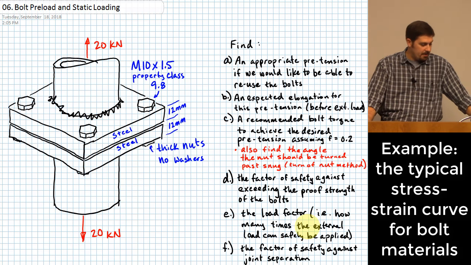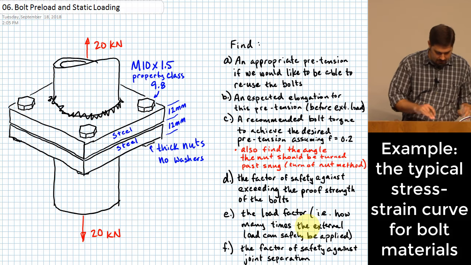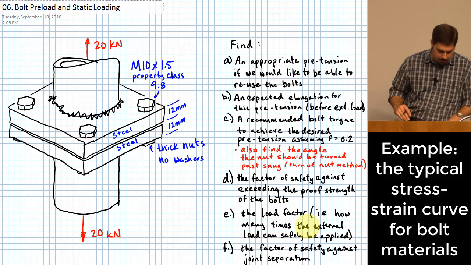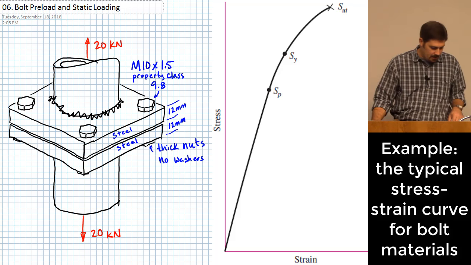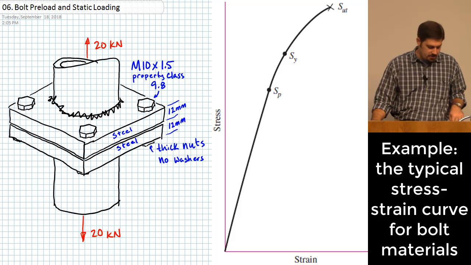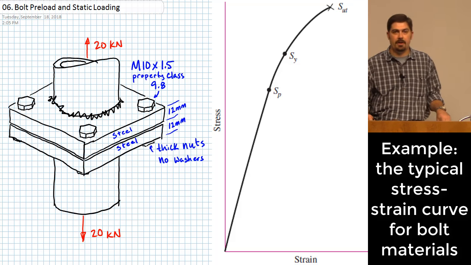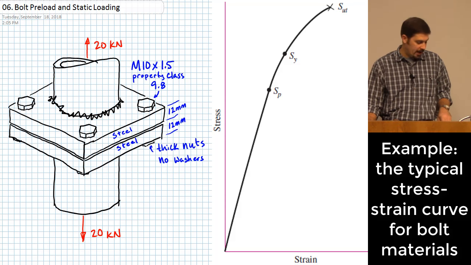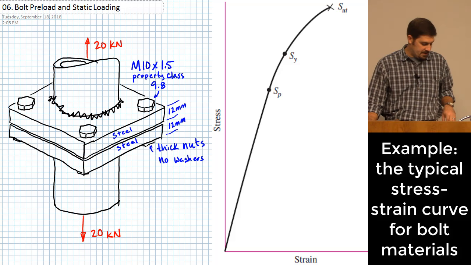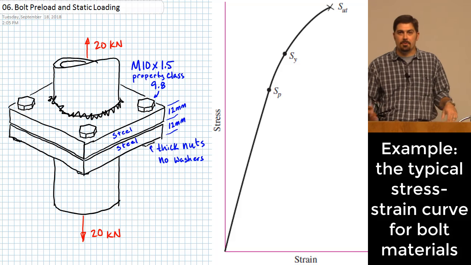Let me say one other thing about that real quick. If you flip to, I believe, page 433, it gives a typical stress-strain diagram for bolt materials. You will notice that the stress-strain diagram increases all the way up to where it fails, where it actually fractures. S sub UT would be where it fractures. The reason for this is that these bolt materials are typically not virgin steel.